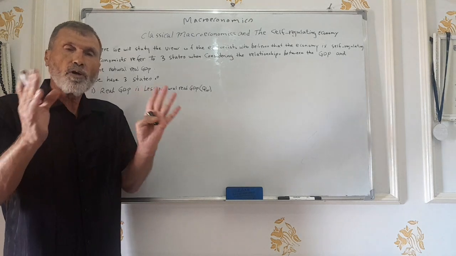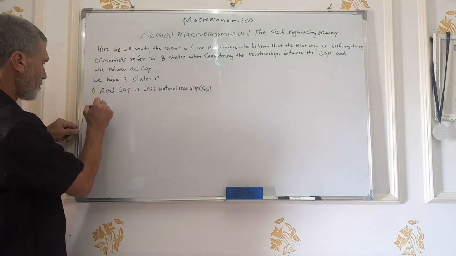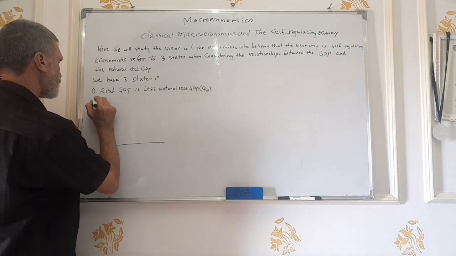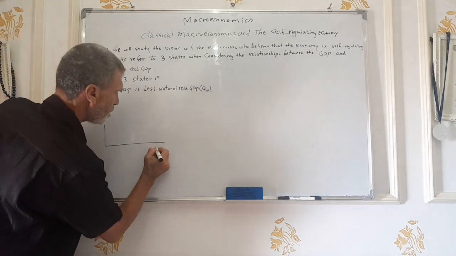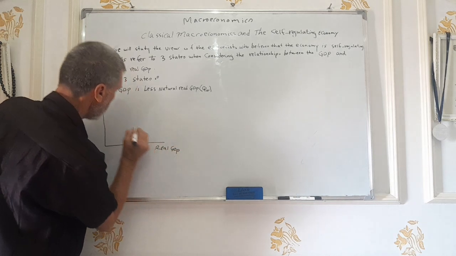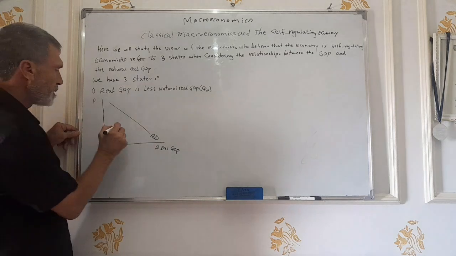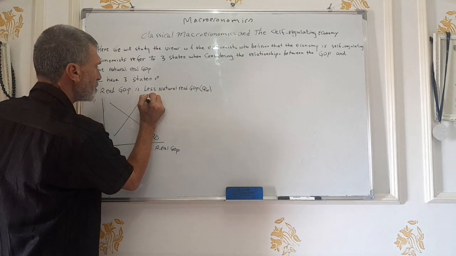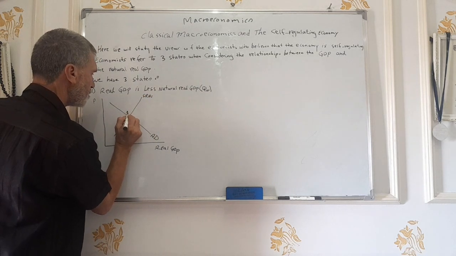Let's show this graphically. This is price, and this is real GDP. This is aggregate demand, downward sloping. This is short-run aggregate supply, and the economy is now here.